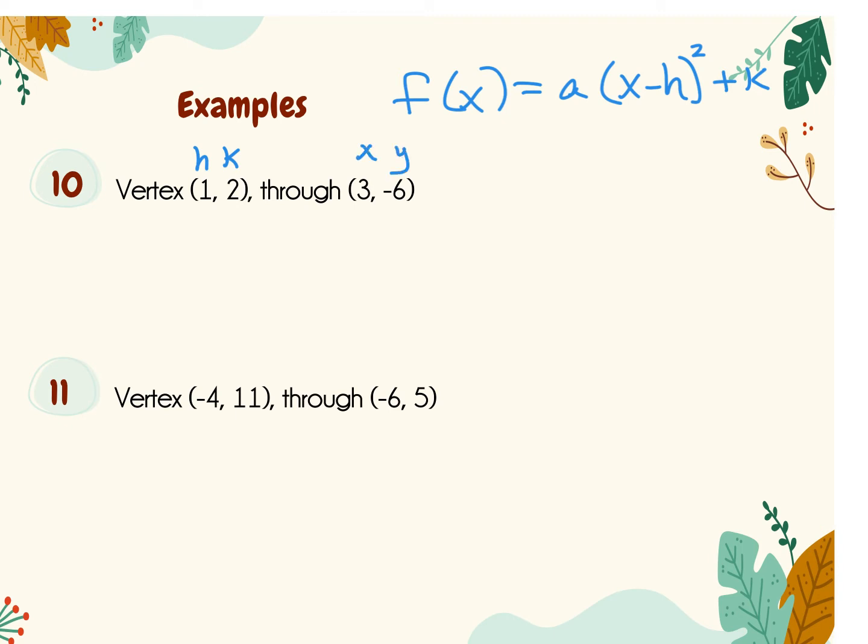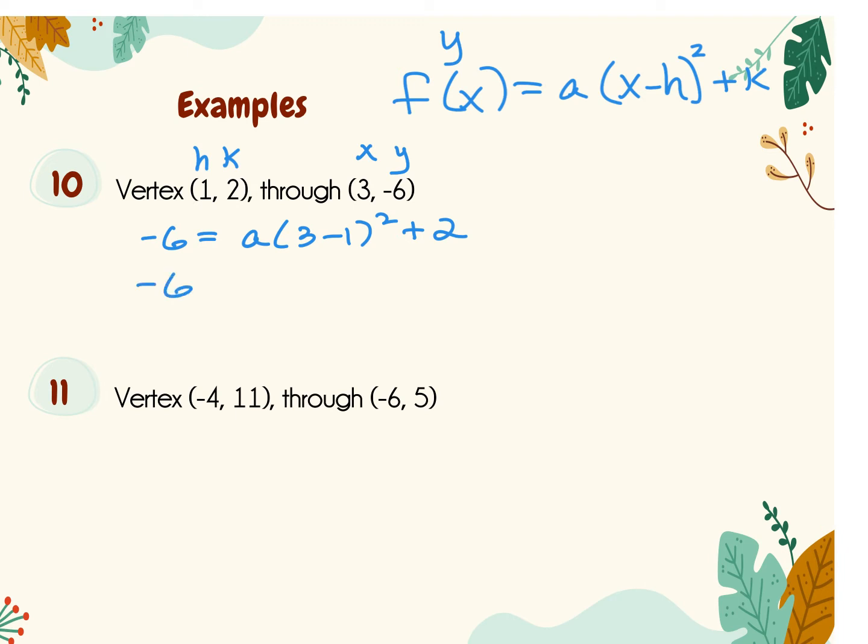So let's go ahead and plug these four numbers in, and we're going to solve for a first. So we're going to plug in f of x, which is really y equals, remember this is really your y. So I'm going to do -6 equals a times 3 minus 1 squared plus 2.